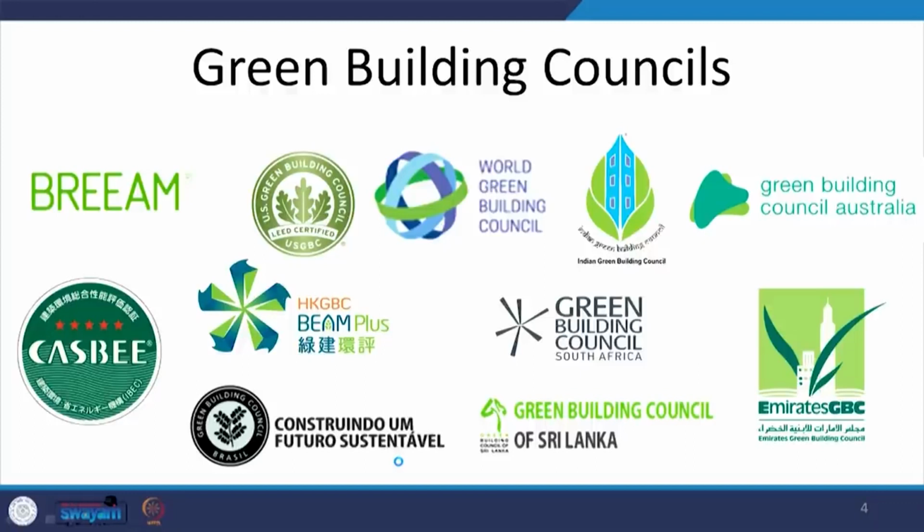So, we have US GBC, we have WGBC, we have Green Building Council of Australia, Emirates GBC, we have Green Building Council of Sri Lanka, which is a relatively new one. We also have a new one, Green Building Council of South Africa, we have Hong Kong GBC, we have Japan, which is CASBEE.